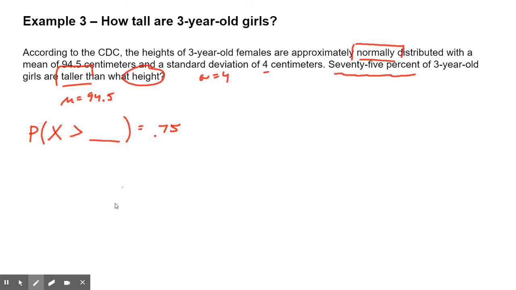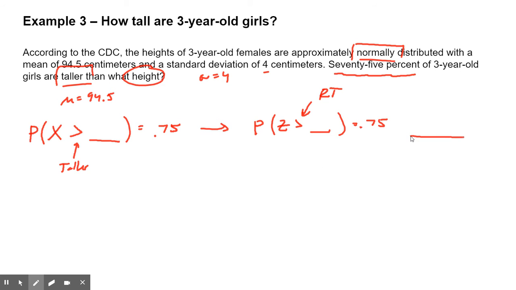So 75% of our girls are taller than this value because x is representing the height of a 3-year-old female. All right. So this can still be thought of as find the probability that z is greater than some value, and it's going to be 0.75. However, greater than means this is the right tail. I need the left tail.